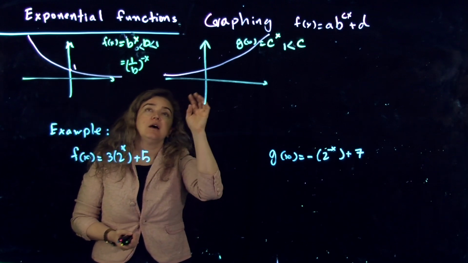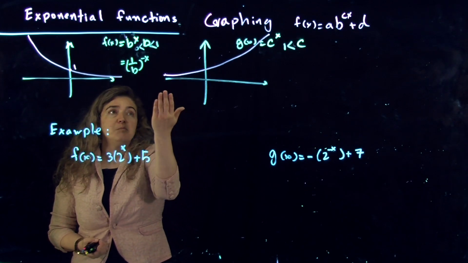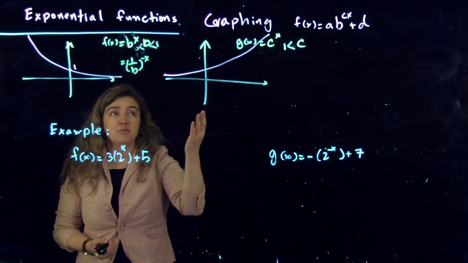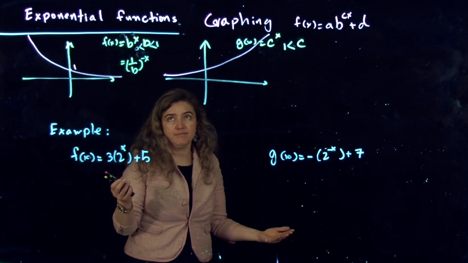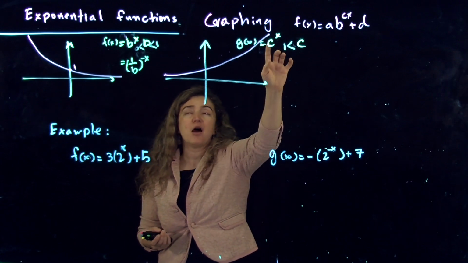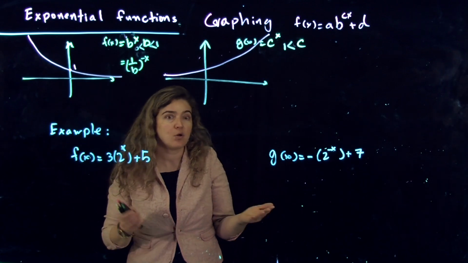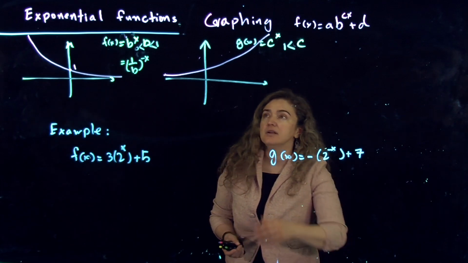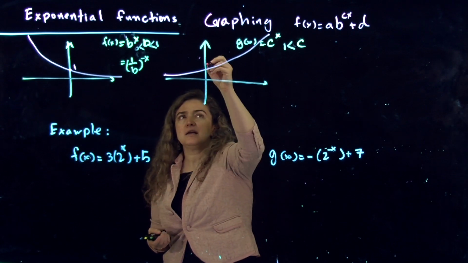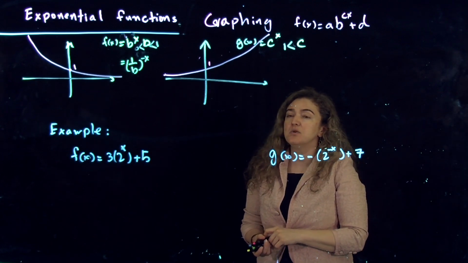And so that explains why these two are a mirror image, or reflection, of each other over the y-axis. Of course, c and b have to be reciprocals of each other to be mirror images of each other. And then the y-intercept is 1 for these two.